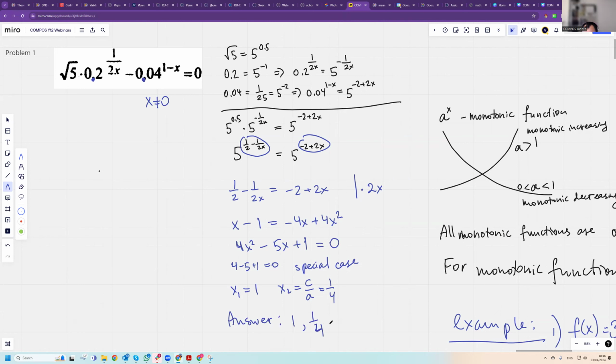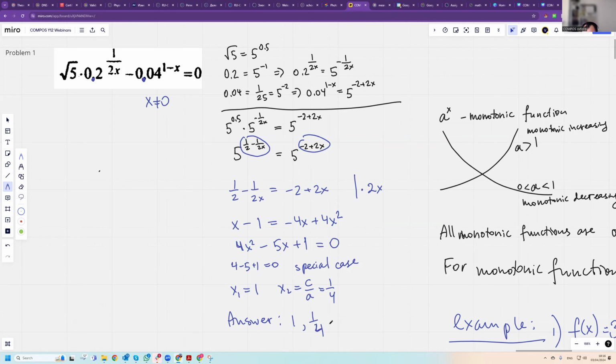Second one. Well, here we just need to combine like terms. So like terms, this one and this one, this one and this one.